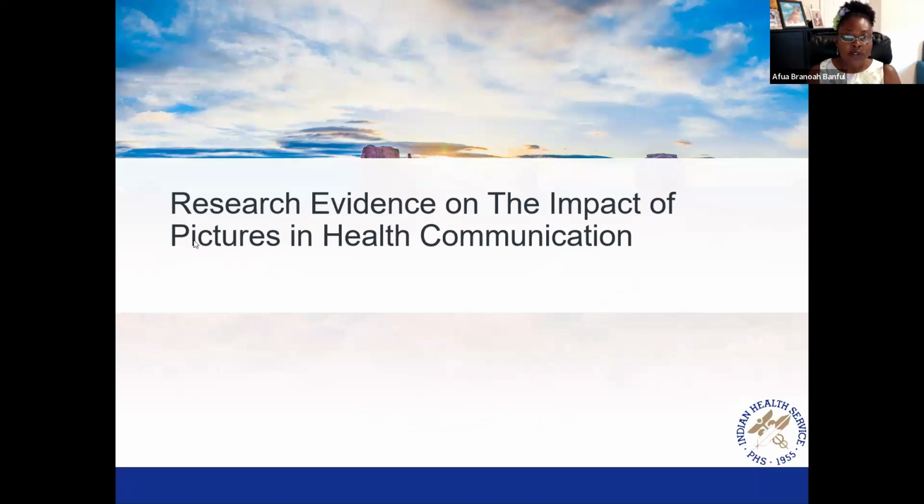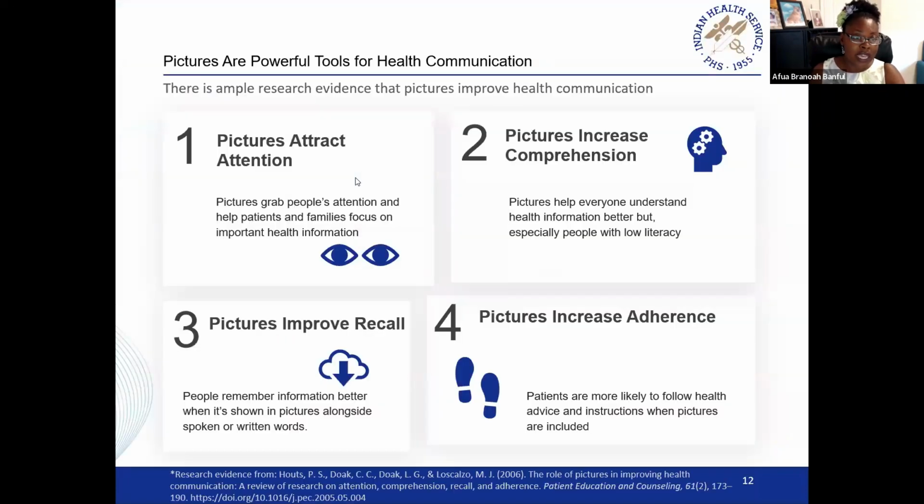So think of this part, right? I know we want to learn actually how to be effective in using pictures. But I wanted to share with you some stories about why pictures are important so that as you are going through your daily work, if you are having to take the extra step to include pictures and visuals, you understand the value. Okay.